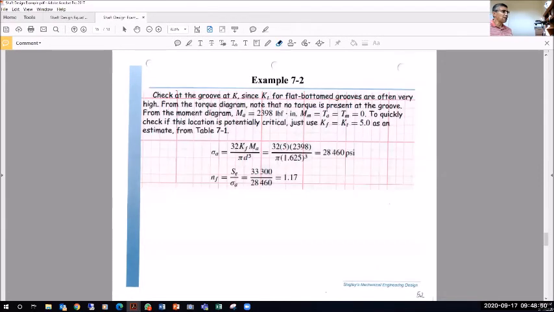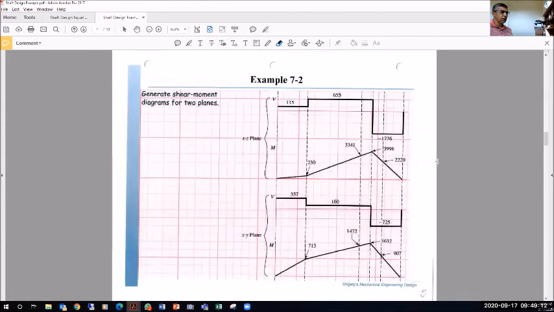Next, I'm going to be looking at the groove. And this is an interesting one because table 7.1 definitely gives me very high values for KF and KT. So if I look at where I have my groove, I want to show you for a second here.